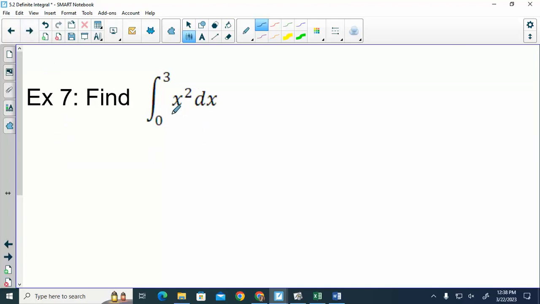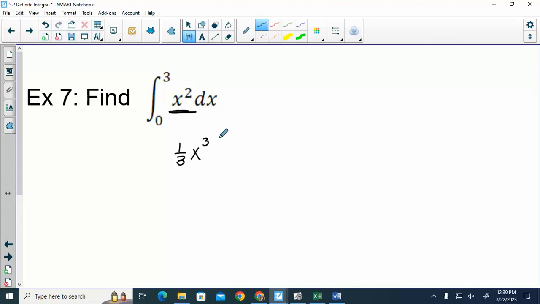So if I wanted the integral from 0 to 3 of x squared dx, is that the problem we just worked out? Or very close to the one we worked out. What is the antiderivative of x squared? And we normally put a plus c with that, right? We are actually not going to have to do the plus c when we have a definite integral, and I'll explain why in just a moment.